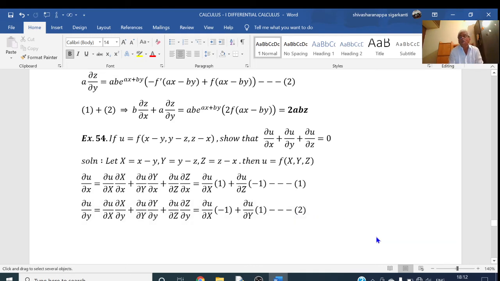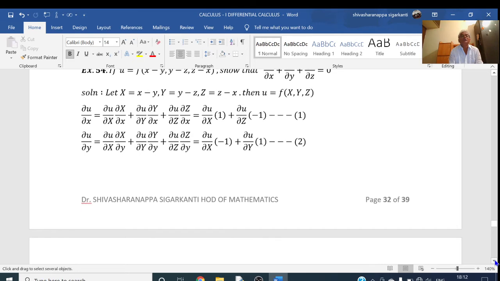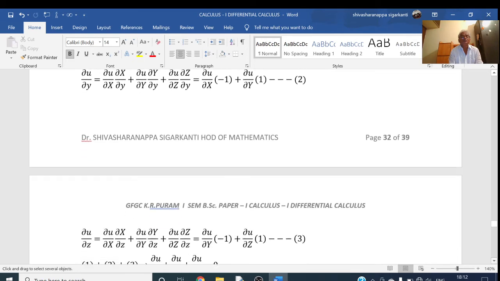Similarly, you can find out ∂u/∂z. So ∂u/∂z can be written ∂u/∂X into ∂X/∂z plus ∂u/∂Y into ∂Y/∂z plus ∂u/∂Z into ∂Z/∂z. This is equal to ∂u/∂X into, what is ∂X/∂z?